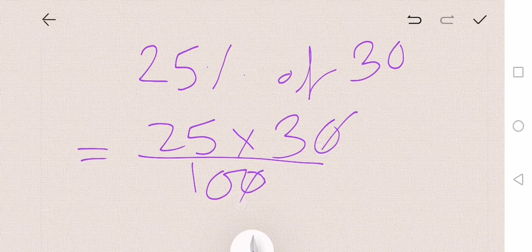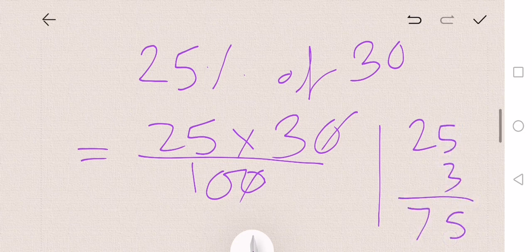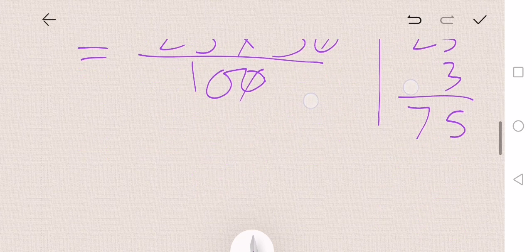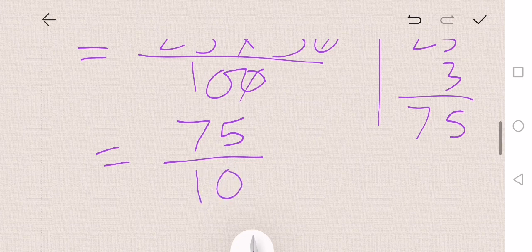Right, now there's one beautiful thing you have to do, and you have to be clever. So you need to multiply 25 times 3, which is 75. Okay, so what you do, you simply write down 75 here, and remember the 10 is at the bottom too.